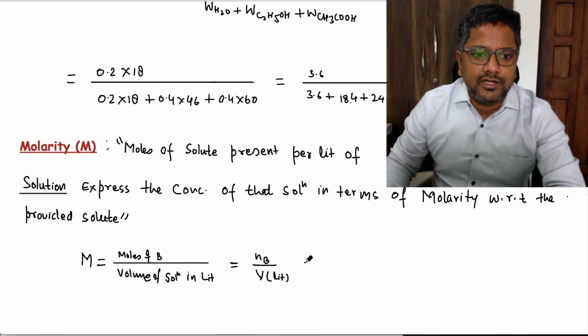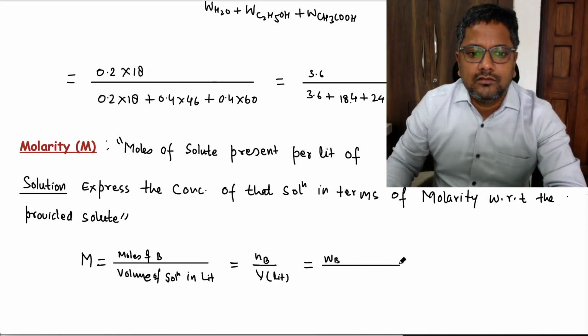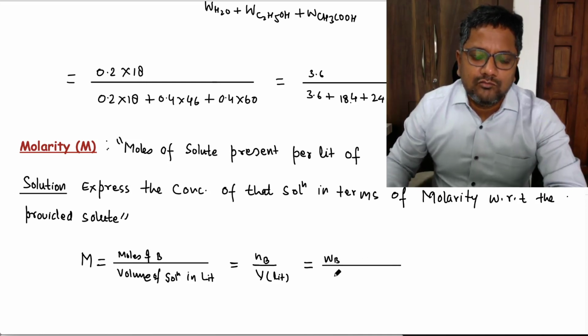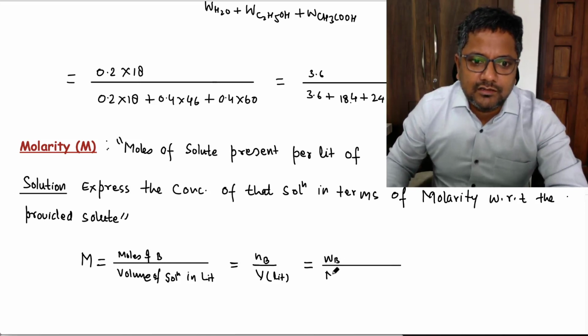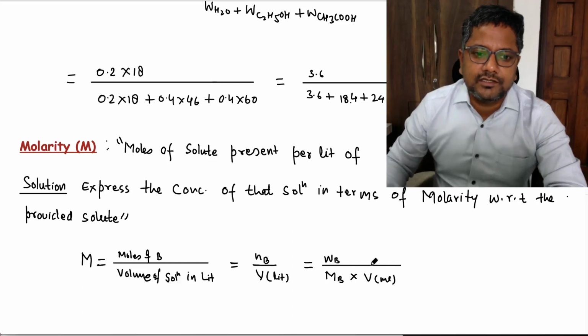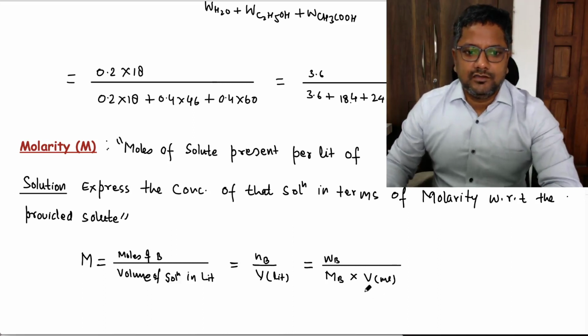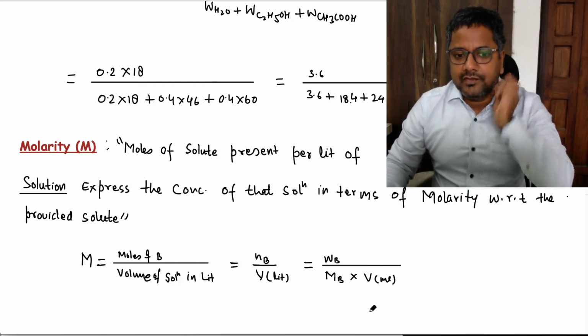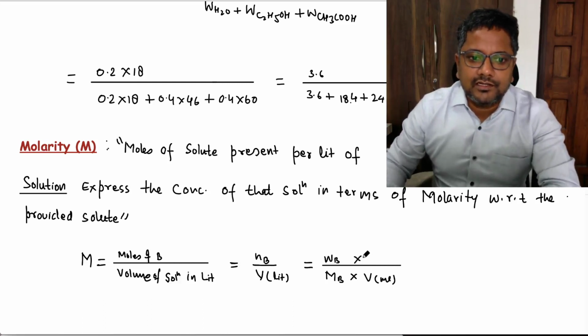So if you want, you can expand this formula: mass of B by molar mass of B into V, and if you are interested to write this in ml, so V ml by 1000, you can write here 1000.